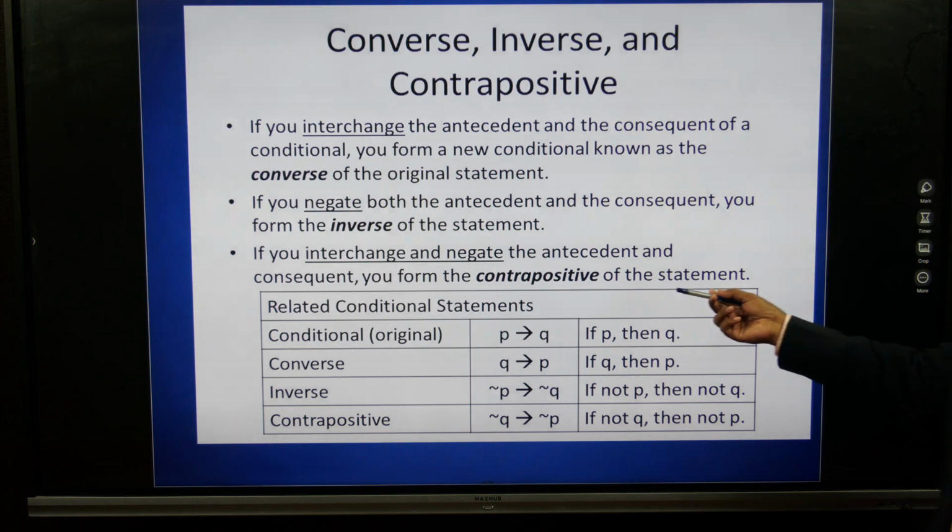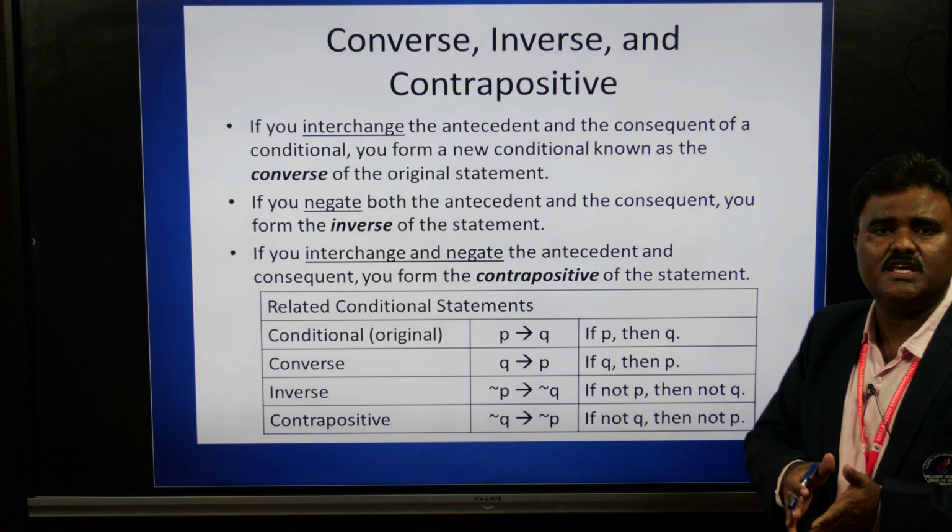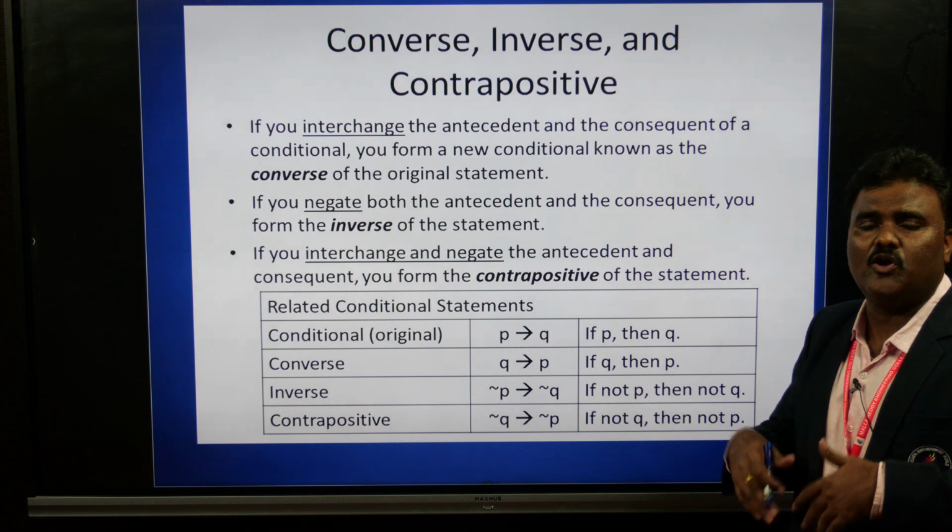Next, contrapositive. In the contrapositive, you interchange the statements and give the negation.